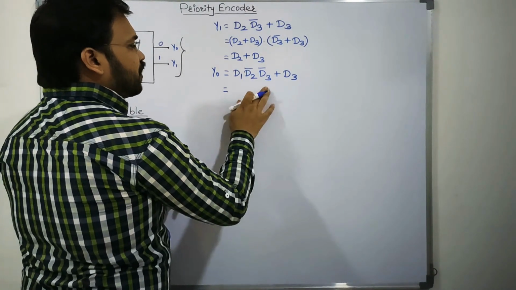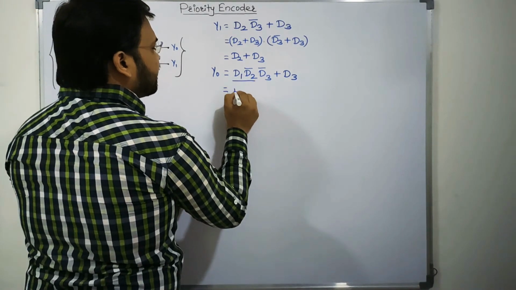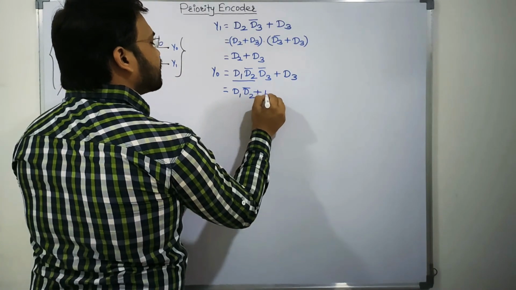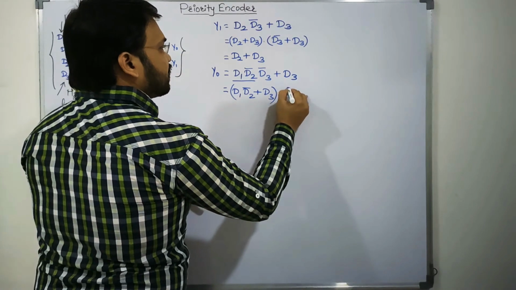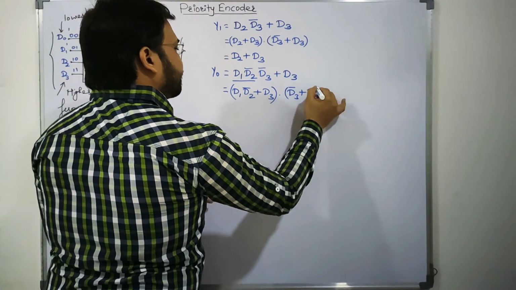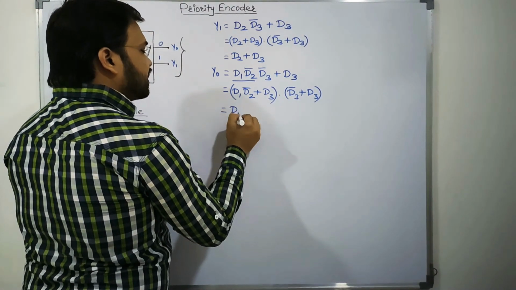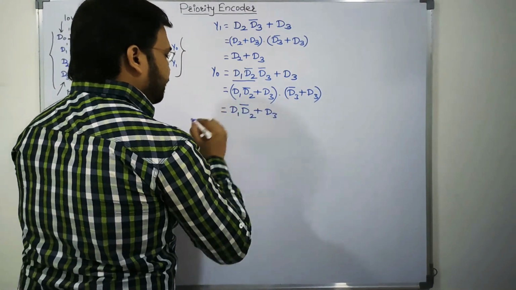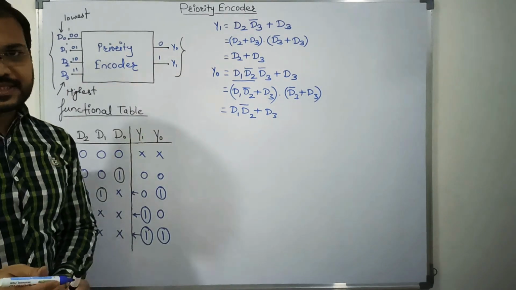By using the distributive law we solve this. The common term is D1 D2 bar plus D3, dot D3 bar plus D3. Again, D3 bar plus D3 is 1, and the final value we have is D1 D2 bar plus D3. So these are the values of Y1 and Y0.